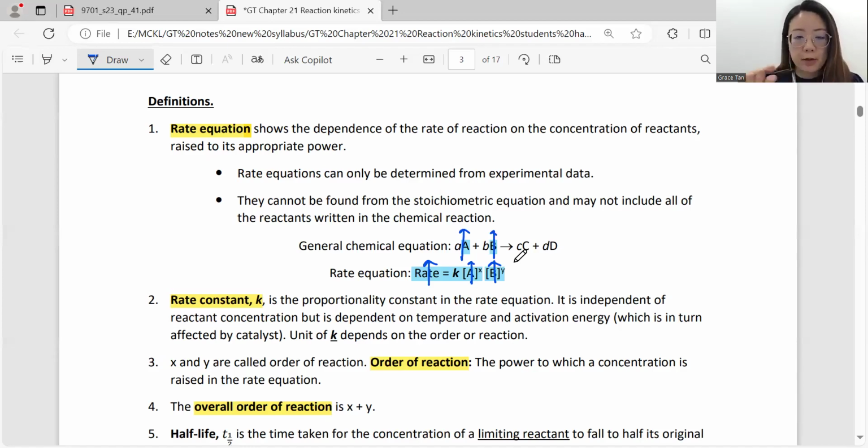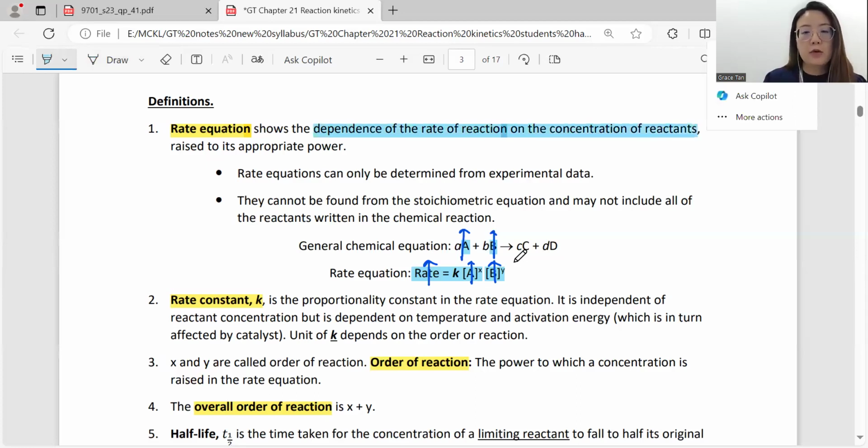This whole rate equation in blue just tells us the dependence of the rate of reaction on the concentration of your reactants. So you've just seen how an increase in the concentration of your capital A and capital B reactants will increase the rate. Continuing, raised to its appropriate power.